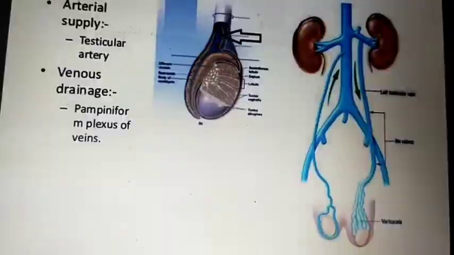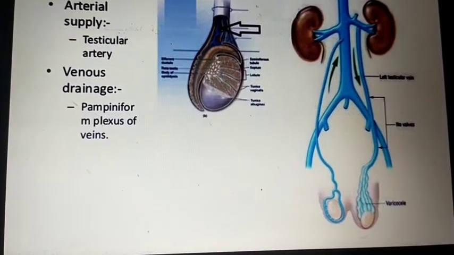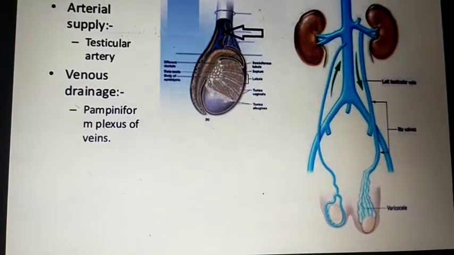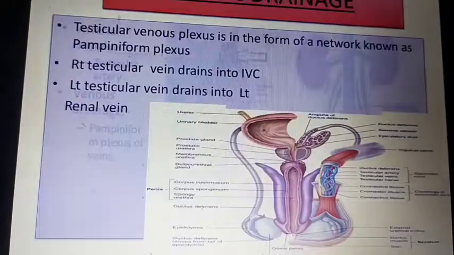Because of that, there is stasis of blood in the left testicular vein, and there is a chance of varicose veins, which are more common on the left side than the right.